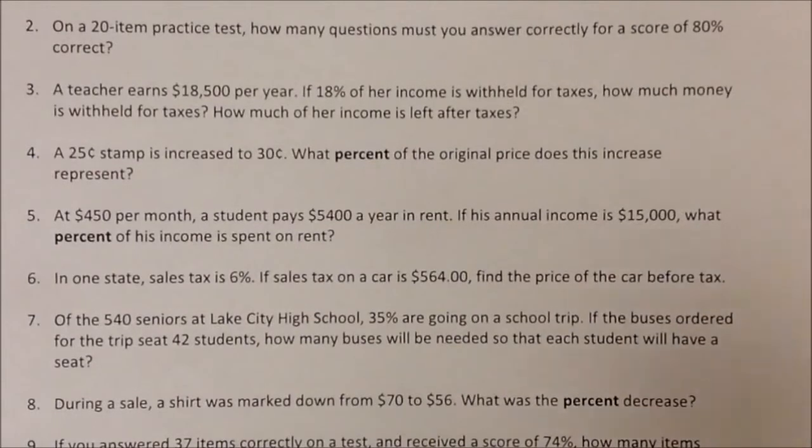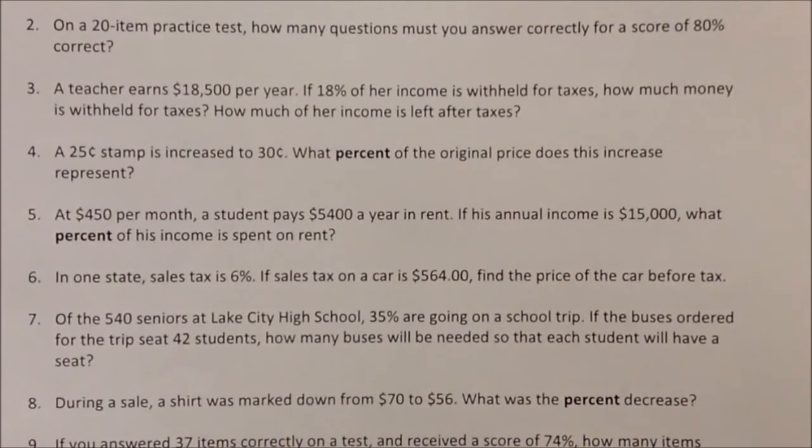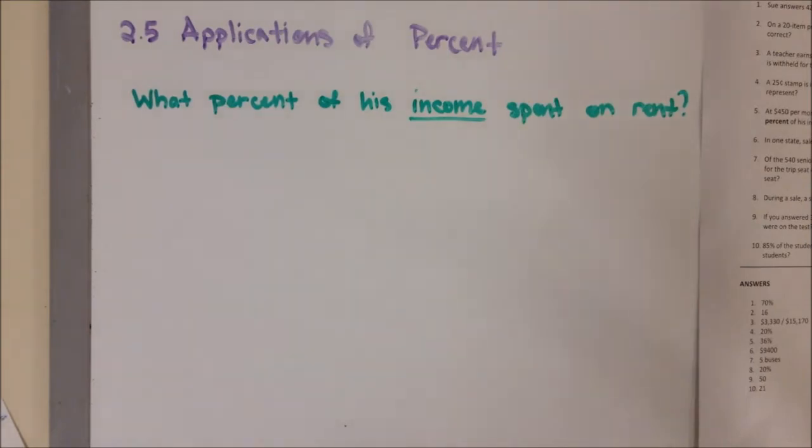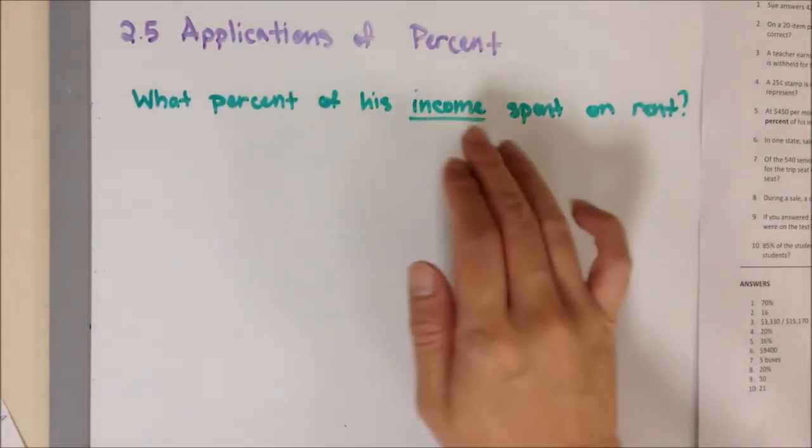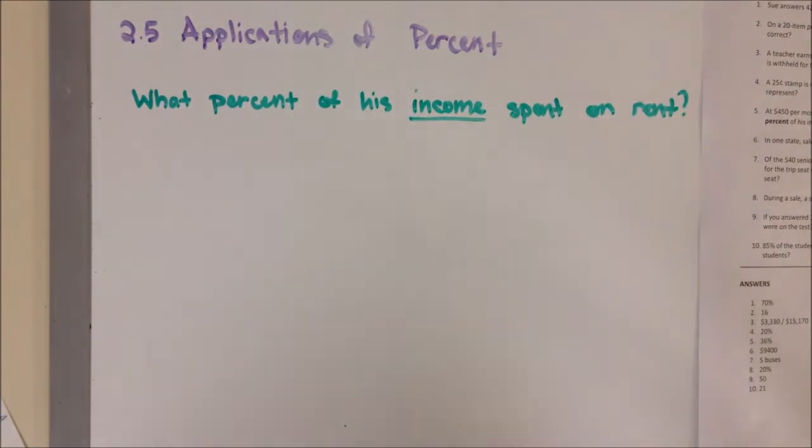Given a word problem, how would you pull out the information, or in what ways can you set it up? After copying down the word problem, let's take a look at the question. The question is, what percent of his income is spent on rent? Let's write out the information that we do know.